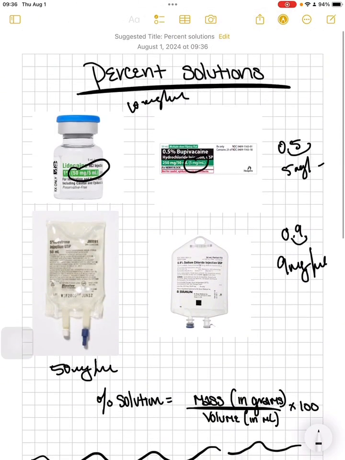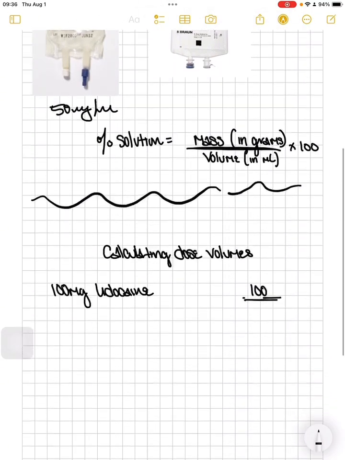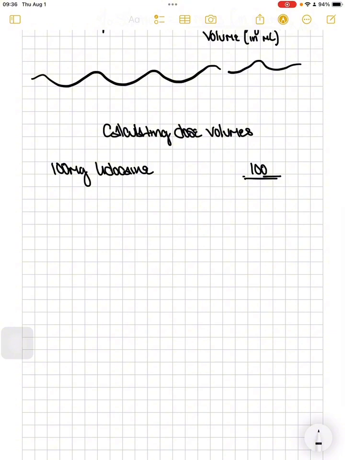With the vial earlier, your concentration is 10 mg per mil. So 100 over 10 is 10. You're just dividing your target by your concentration.